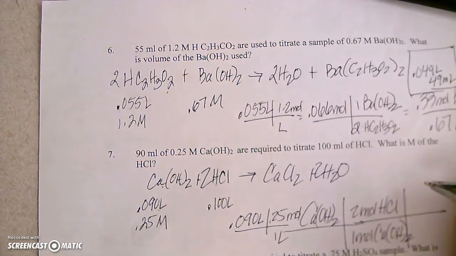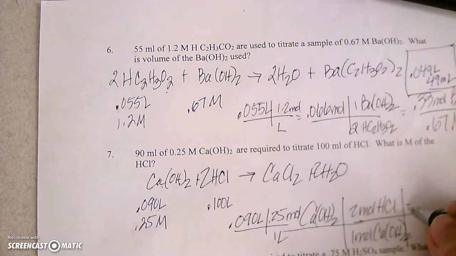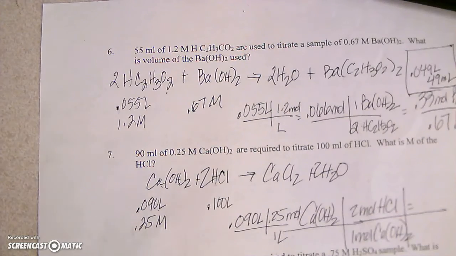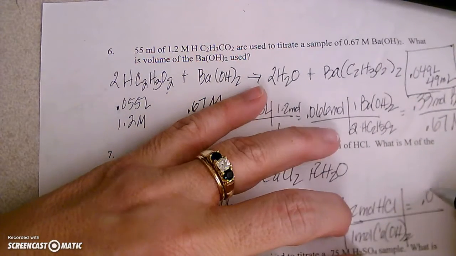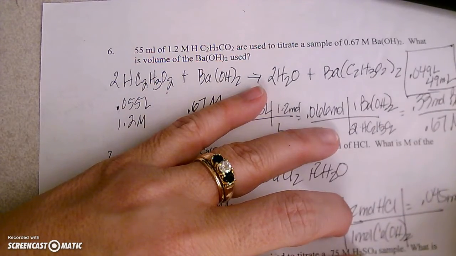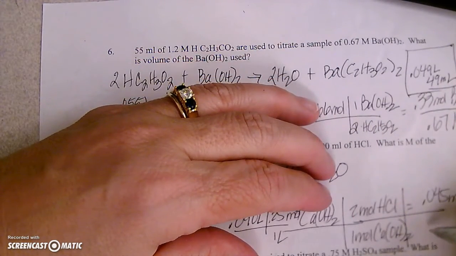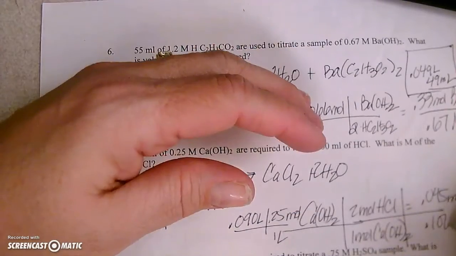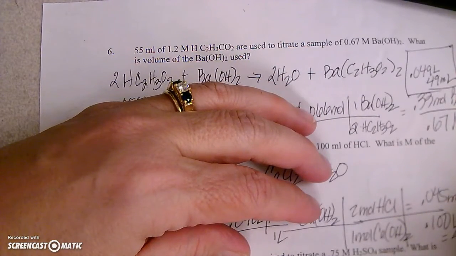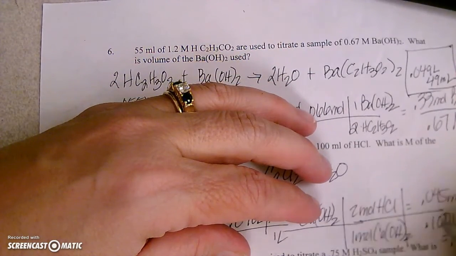And we're going to get 0.045 moles hydrochloric acid divided by our volume, which was 0.100 liters, and that will give us 0.45 molarity.